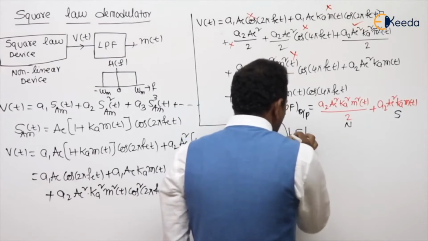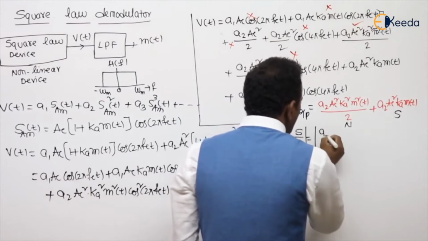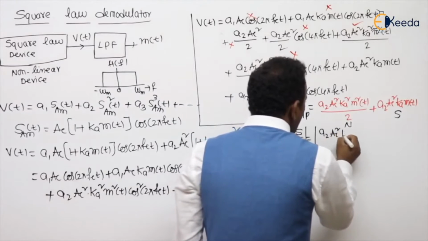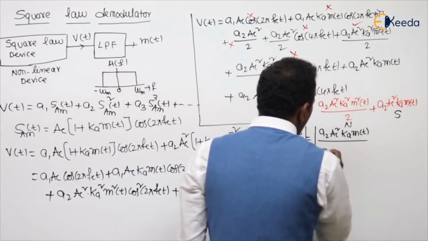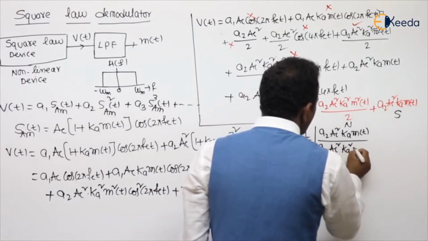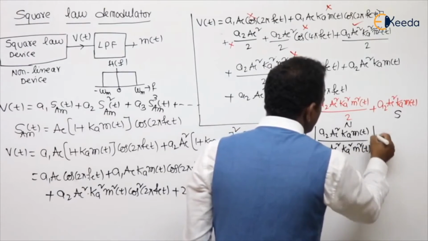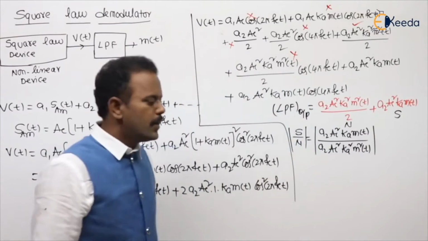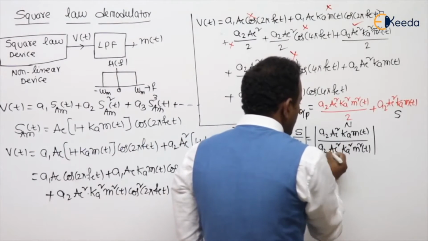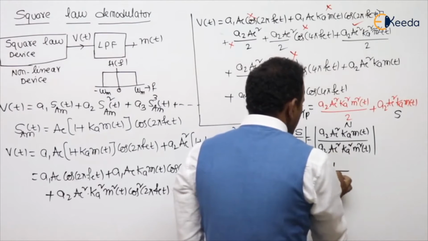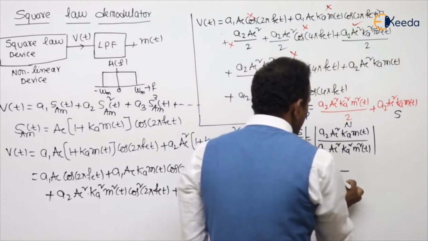Let me get the maximum value. What is the signal value? a2 ac square ka m of t divided by, what is the noise? a2 ac square ka square m square of t. If you do that, what is remaining? a2 ac square cancels, 1 ka cancels, 1 m of t cancelled.